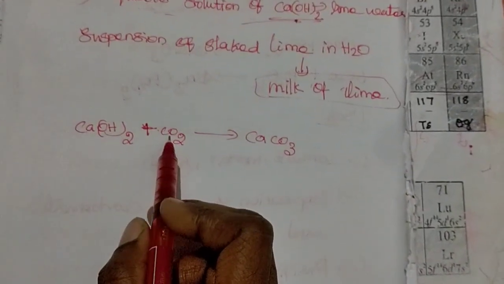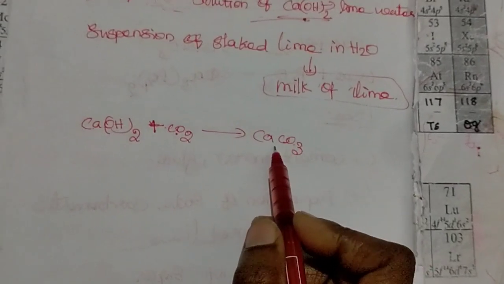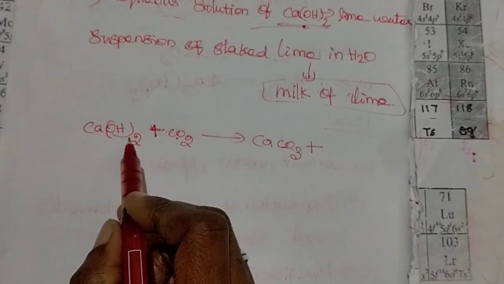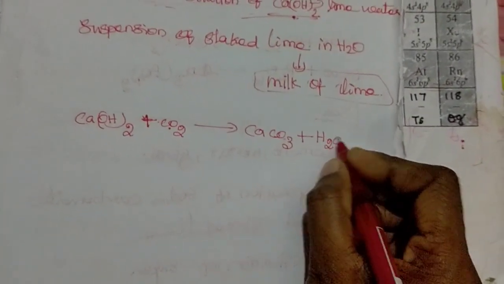Calcium combines with CO2 and one O, so this becomes CaCO3, and the remaining H2 and O form H2O.